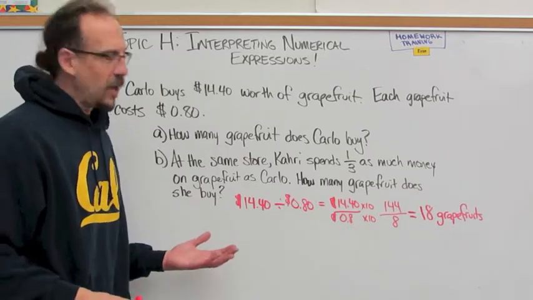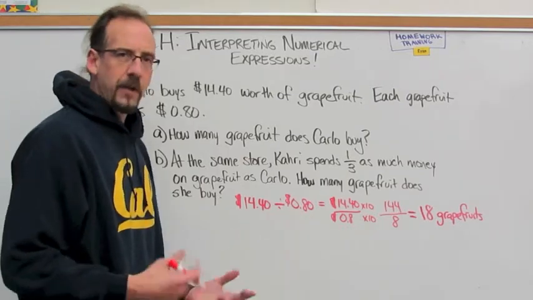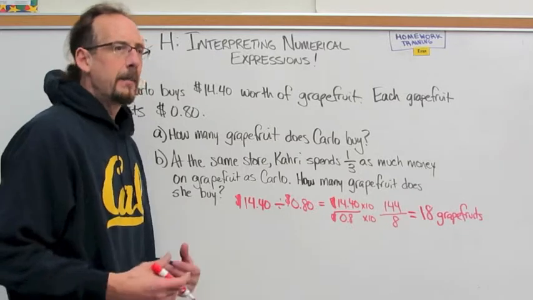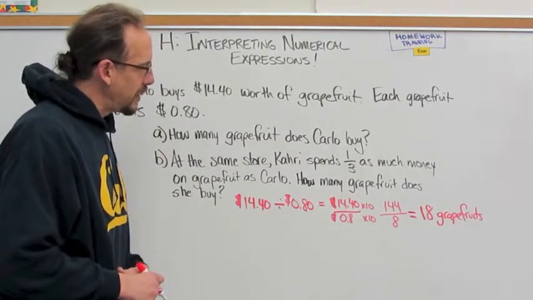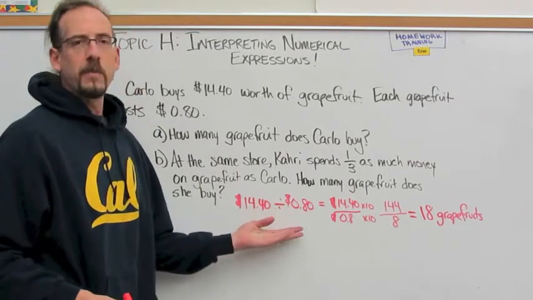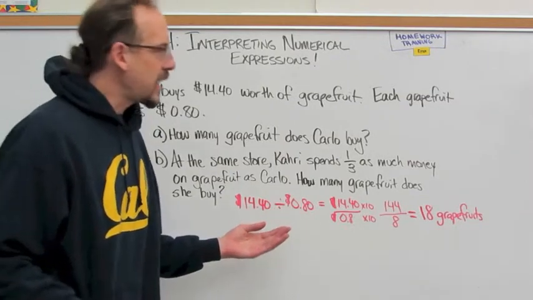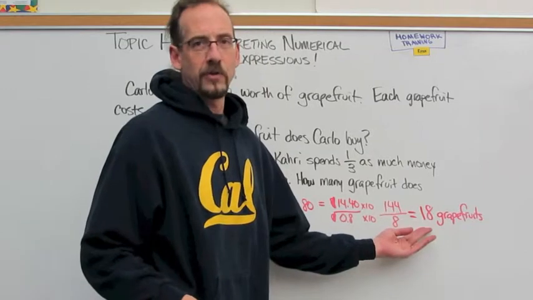Now, one way to solve that would be to look at the money and try to figure out what a third of that would be. But hopefully by now, kids have been doing enough of these kinds of problems to say, well, if she spent a third as much money, then she must get a third as many grapefruits.